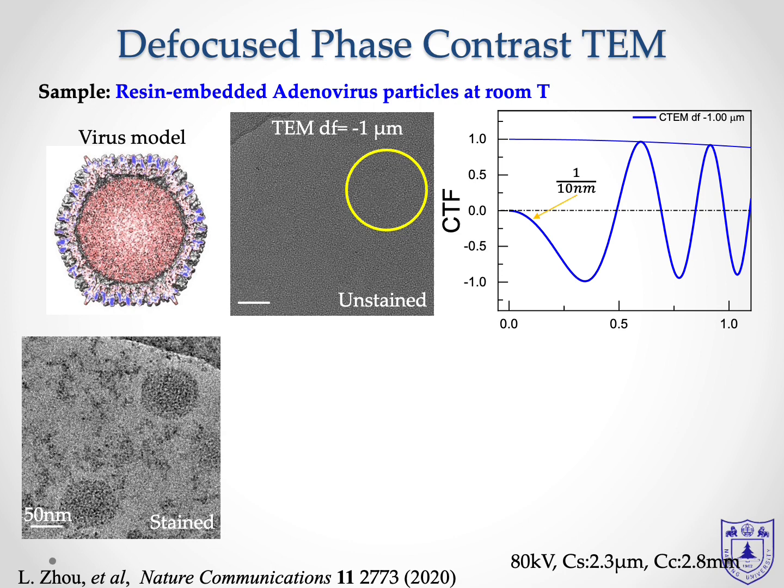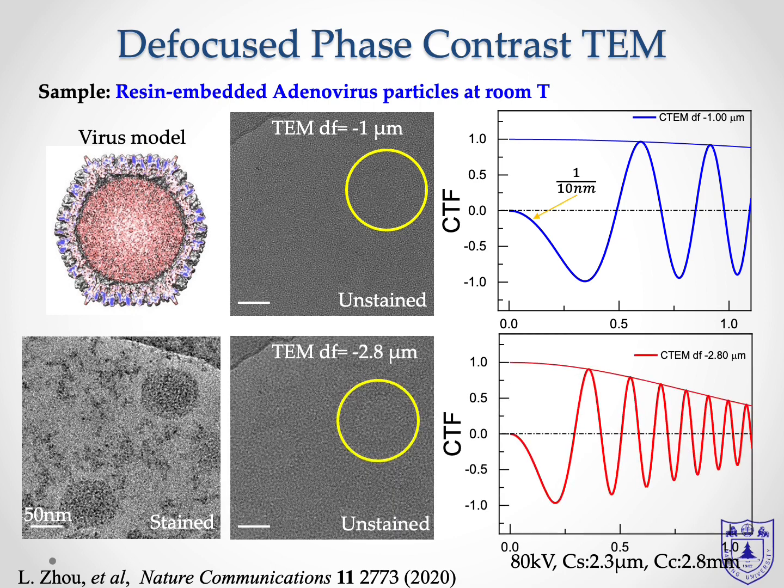Looking at the CTF, the contrast transfer function, at the close focal condition, it has a zero crossing point at high spatial frequency and leaves the lower frequency weakly transferred. To increase the contrast, we normally increase the defocus value to push the contrast transfer function back to the lower frequency, where we can see better.